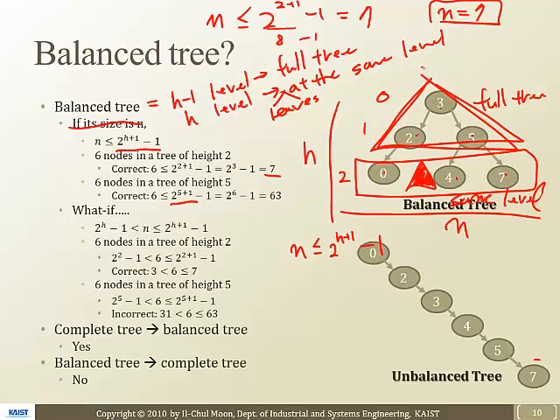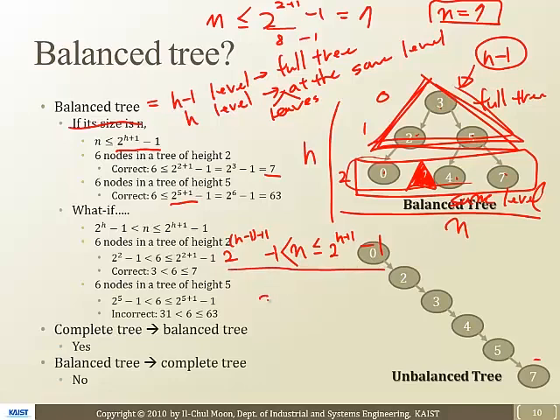The full tree size of height h-1 is going to be 2^h - 1, and it's always going to be, right, we'll have some additional nodes here, so it's strictly smaller than the current tree size. So we have 2^h - 1 < n <= 2^(h+1) - 1.